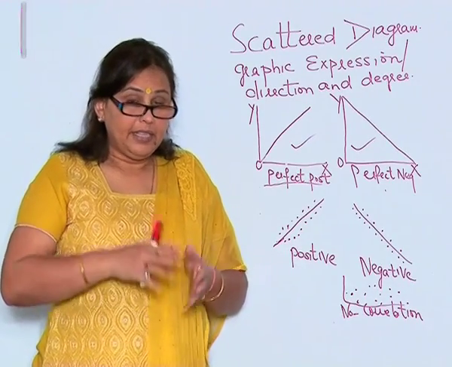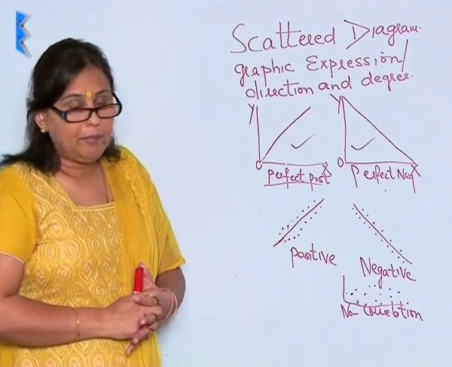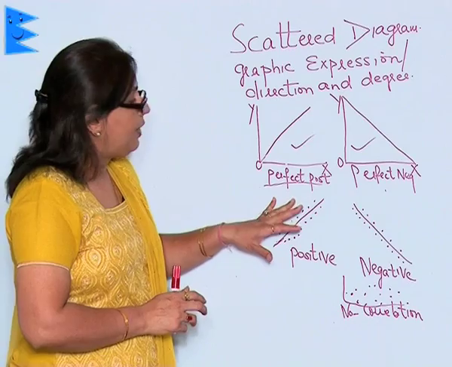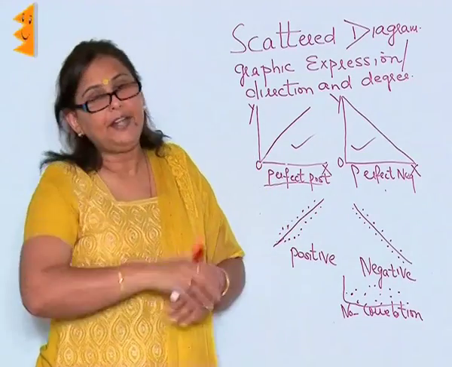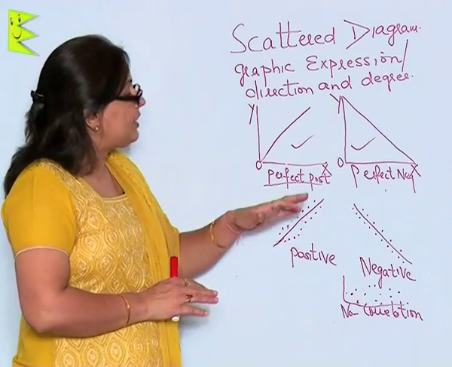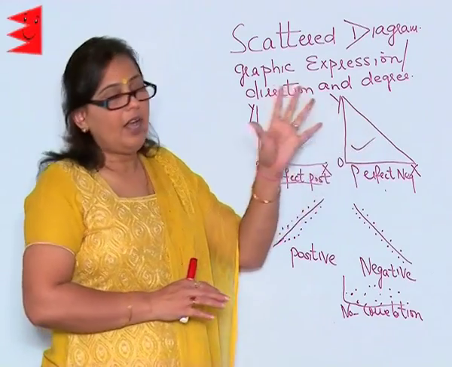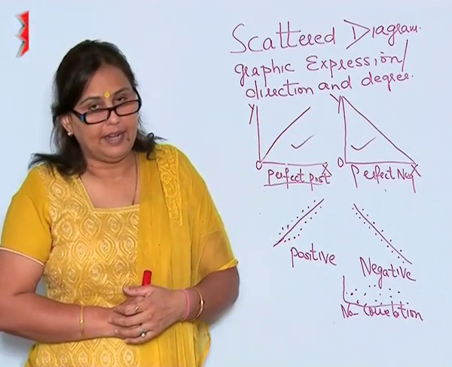But this is also not a very perfect method, because we cannot find out the precise extent of the correlation by this method. Thus, it just tells us about a direction, about a degree to an extent.